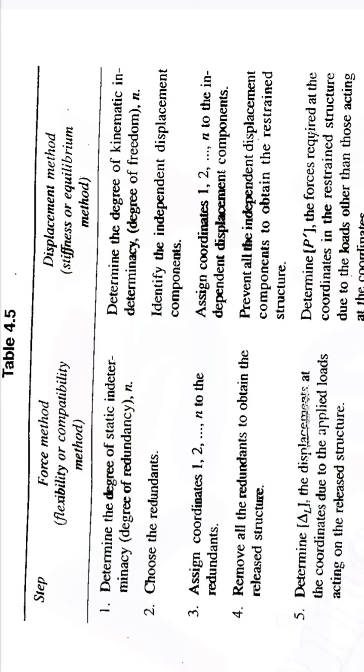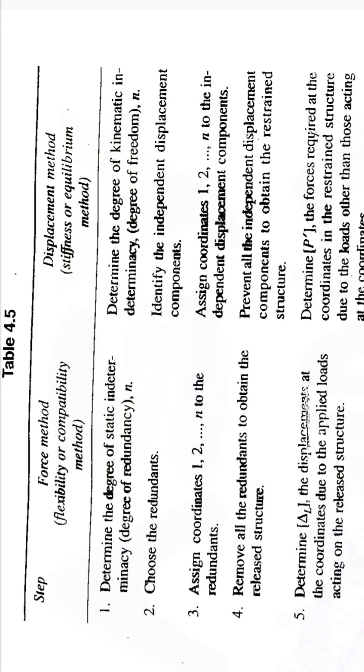Next we will choose the redundants. Here we will go for identifying the independent displacement components. Next, assigning coordinates. This is with respect to the redundants, we will apply the coordinates. If we have a matrix form of 3 by 3, then we take coordinate sets 1, 2, 3, where the forces are released or considered.